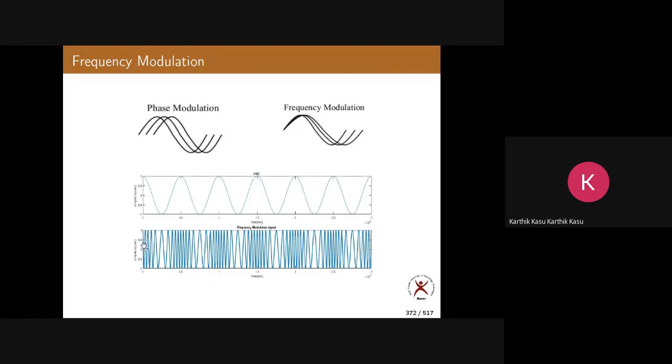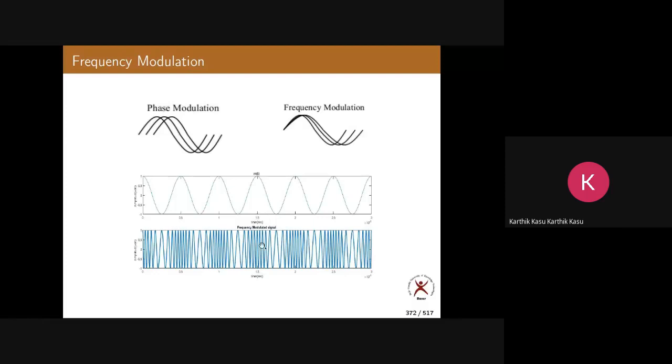So those two remain the same. The only thing that is changing is frequency. You can see very clearly. I hope you are able to see very clearly. So whenever M of t is maximum, these waveforms are very close to each other. Whenever M of t is minimum, they are very far away from each other. So this tells us the variation of frequency according to the message signal M of t.